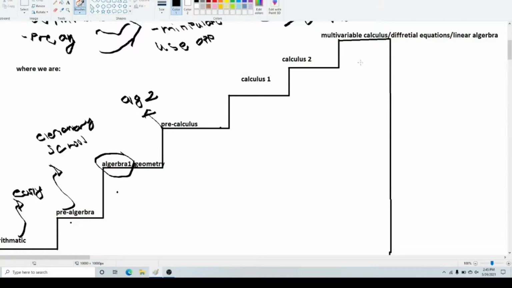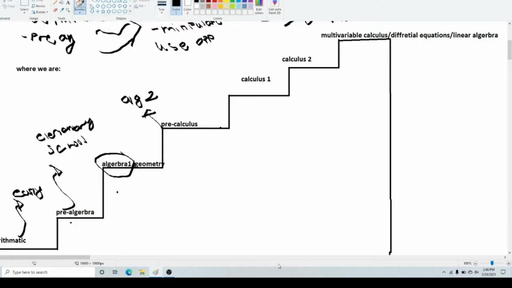Calculus 1 takes everything we learned from arithmetic to pre-algebra, Algebra 1 and geometry, Algebra 2 and pre-calculus, and we talk about how things change. Calculus 1 and 2, actually, you could say they are on the same level, but schools, due to timing, teach them in different time periods. They split it into two classes.